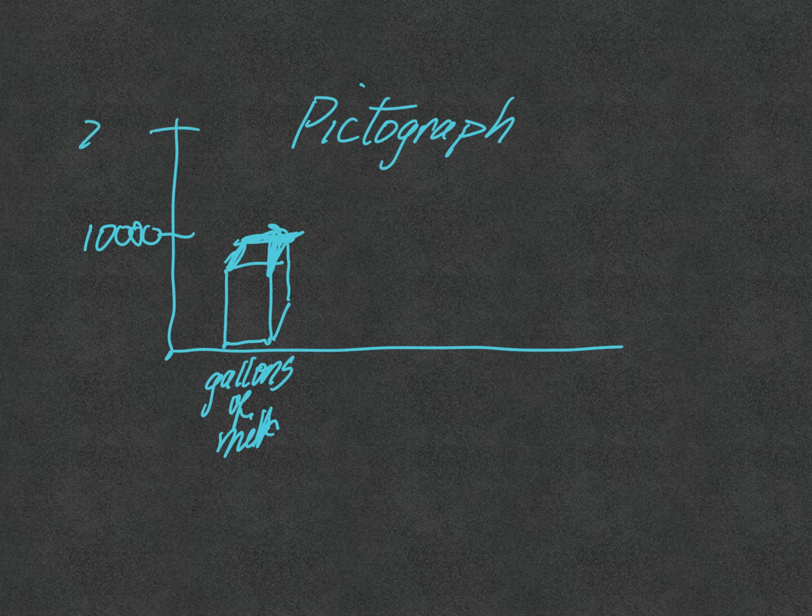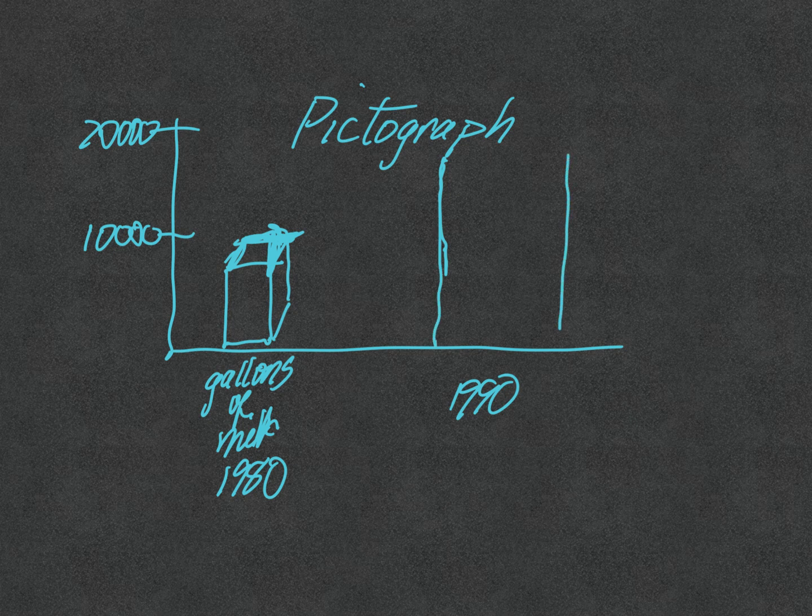Well, suppose I have a very successful dairy farm, and this was say 1980, and now I'm looking at the milk production in 1990, and so what I do is I double the dimensions, right? Because my milk is doubled. So I double the dimensions on my milk carton.